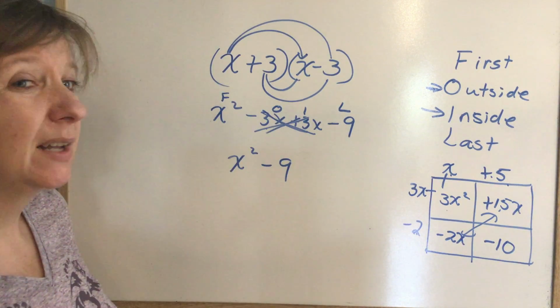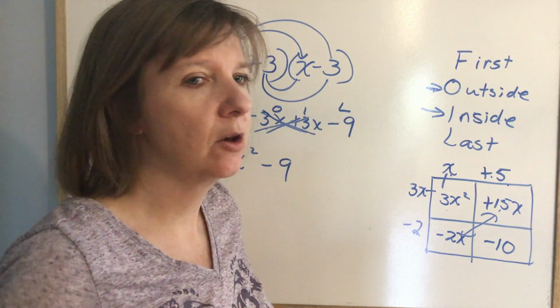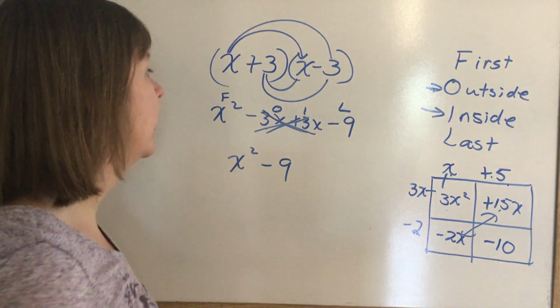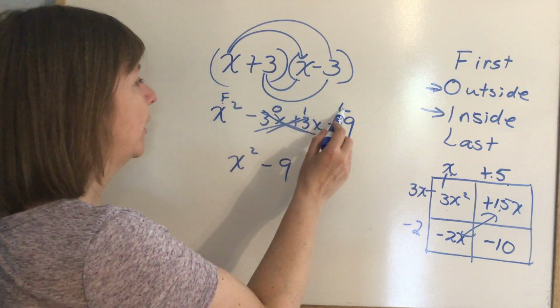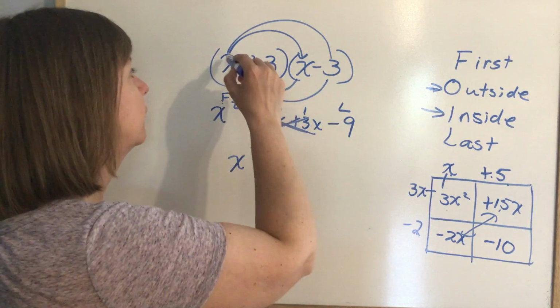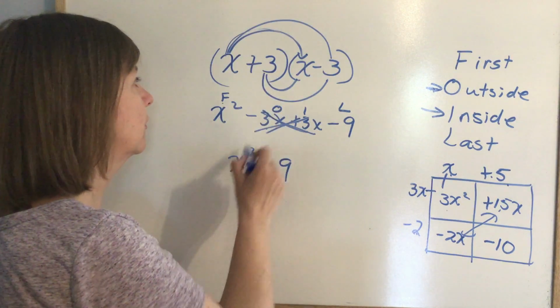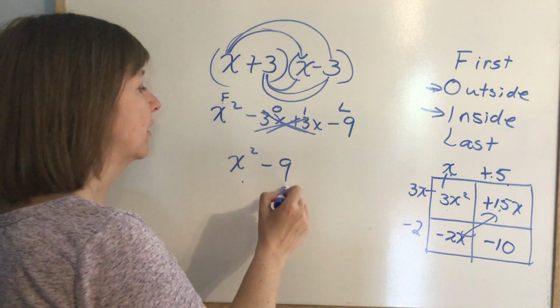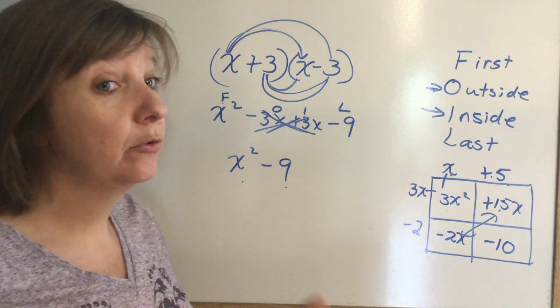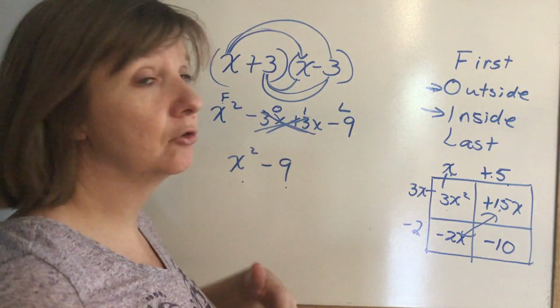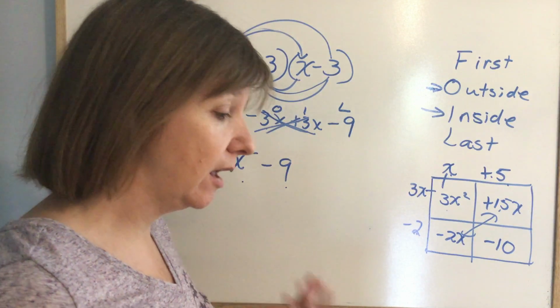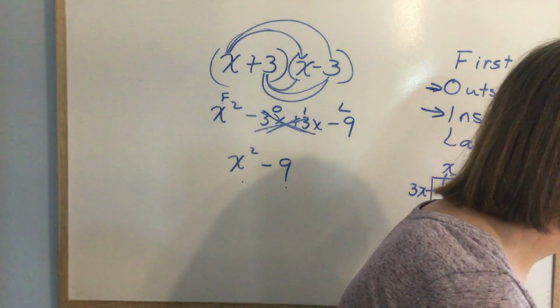So my little shortcut, and this is just me, no other teacher is going to say this, is to do just FL. Just do firsts: x times x is x squared. Positive 3 times negative 3 is negative 9. Just do FL, because your outsides and your insides are going to cancel out anyway if it's a difference of squares.